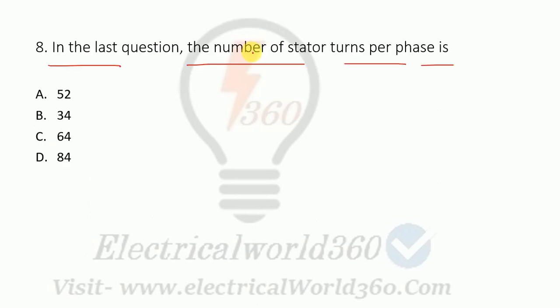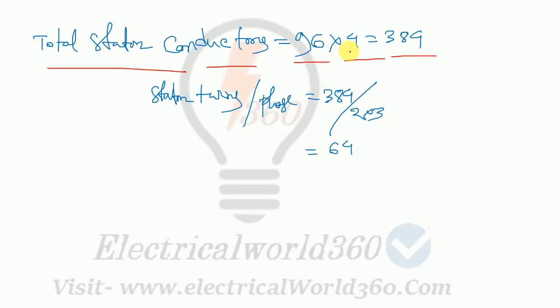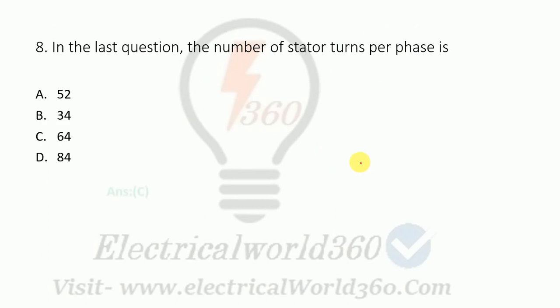So that's why the 96 into 4, it will be 384 conductors. So as you know, the stator turns per phase will be 384 divided by 2 into 3. So the answer will be 64. So here you can see the option number C will be the right answer.